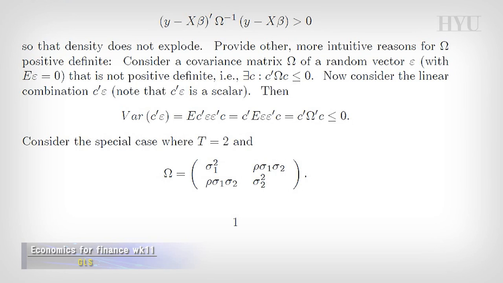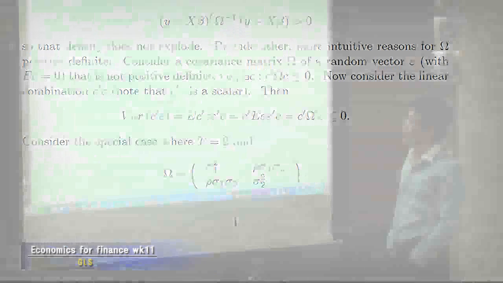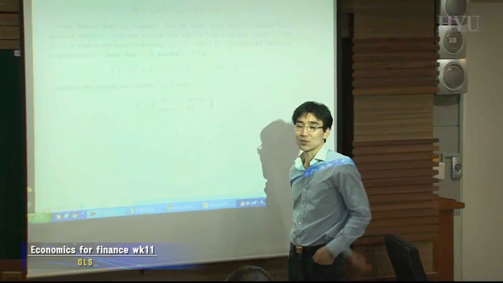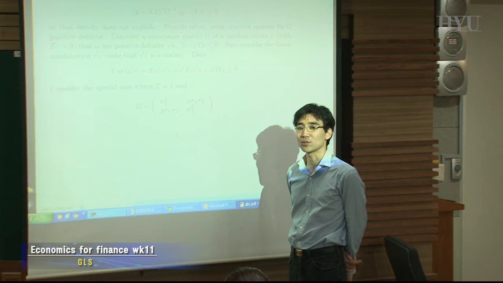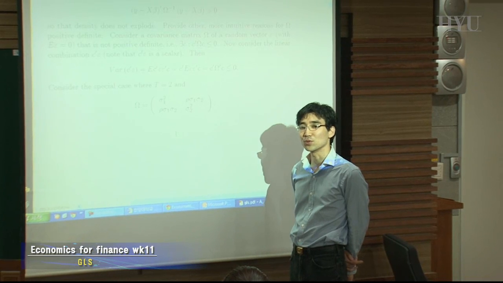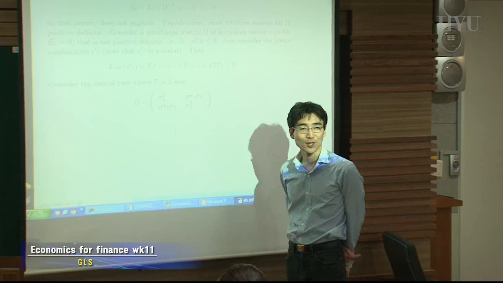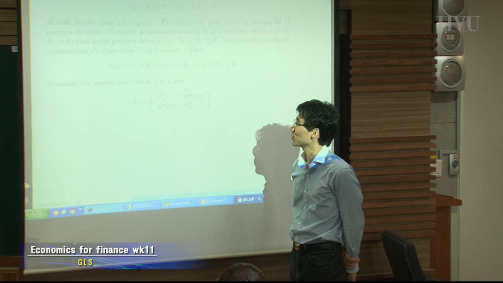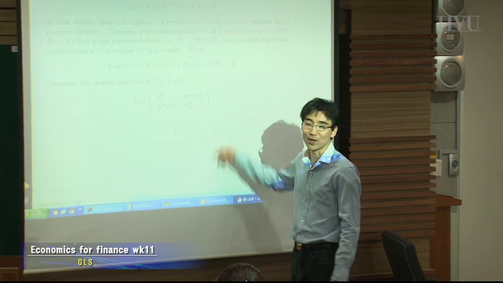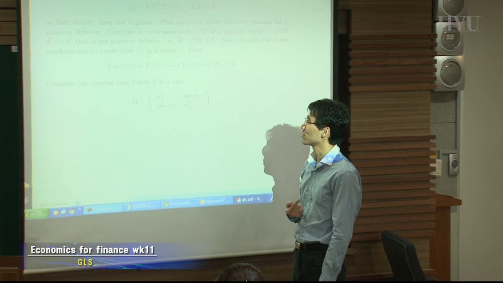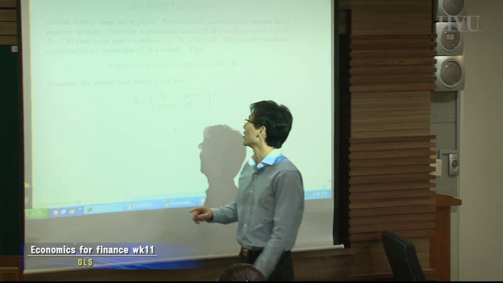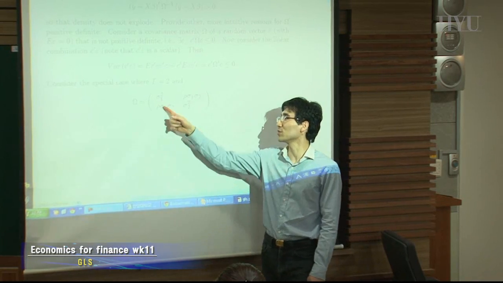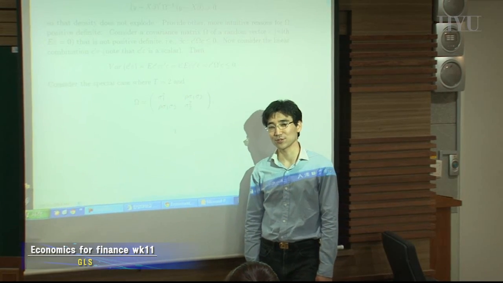Sigma 1 squared is the variance of epsilon 1, sigma 2 squared is the variance of epsilon 2, and the off-diagonal term is the covariance of the first and second elements of epsilon. We can decompose the covariance into the correlation and the standard deviations of the two. And clearly it is symmetric, since the two off-diagonal terms are the same.